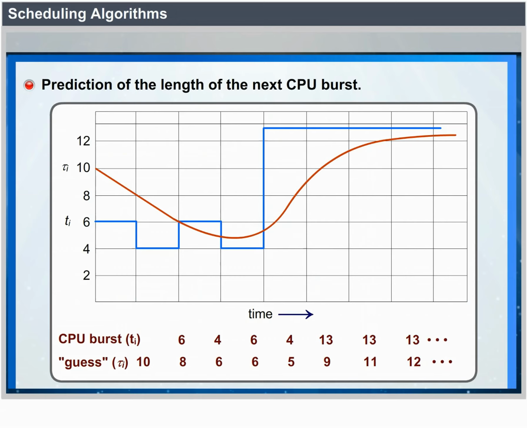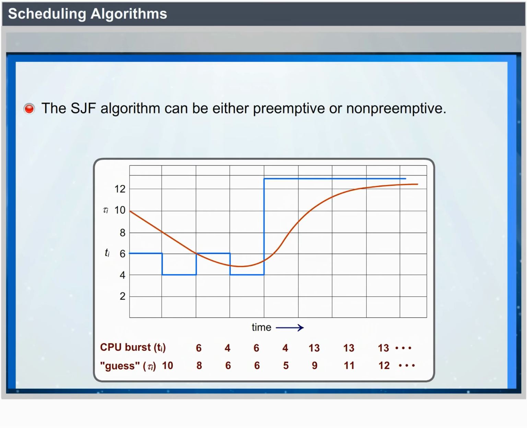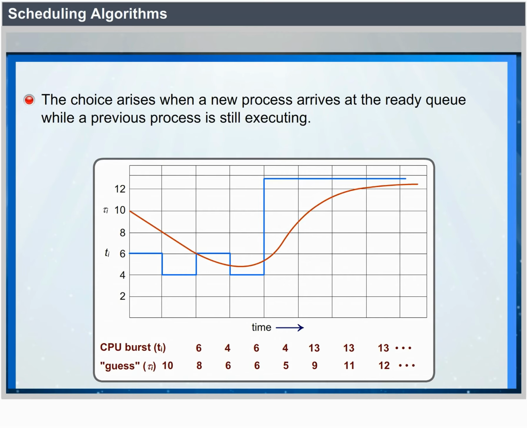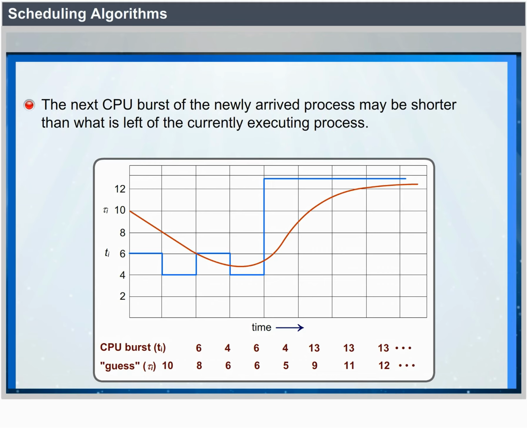The SJF algorithm can be either preemptive or non-preemptive. The choice arises when a new process arrives at the ready queue while a previous process is still executing. The next CPU burst of the newly arrived process may be shorter than what is left of the currently executing process.